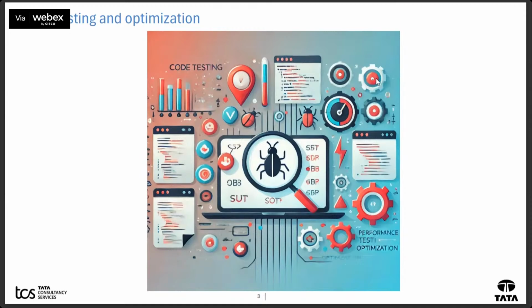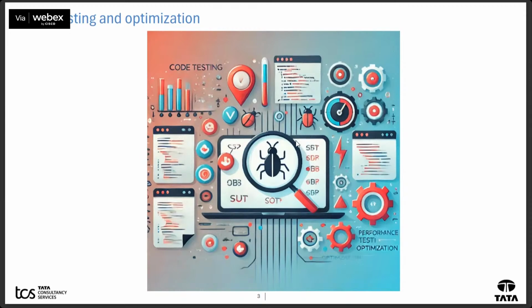This figure tells the various aspects involved in software testing. The central part, the laptop shown with the bug, is the software being tested, the system under test, and we are trying to find all the defects.